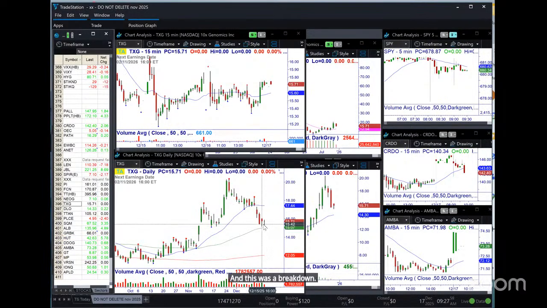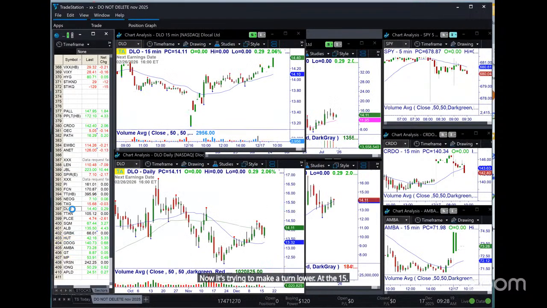So it's still tradable, but just for a 2 to 3 day bounce. I don't even think this is going to get up to the 20 MA, but it's trying. Here it tried to make a turn. Now it's trying to make a turn lower at the 50. But we're active traders, so that's worth watching. A 2 to 3 day bounce.